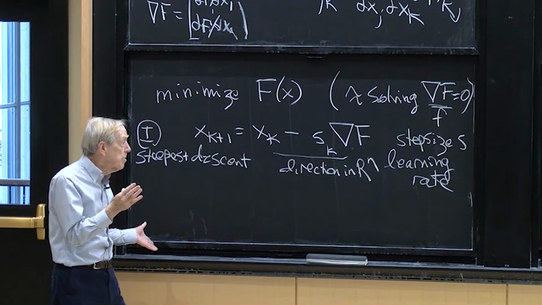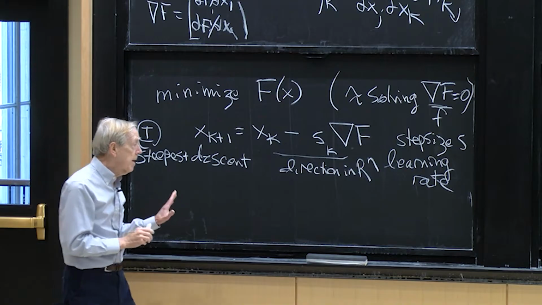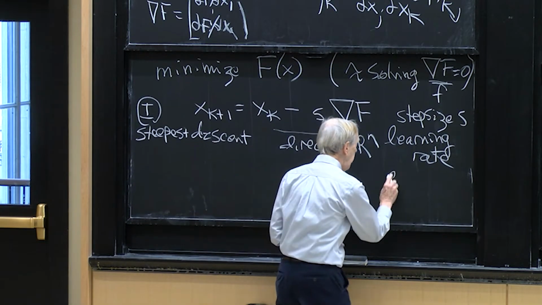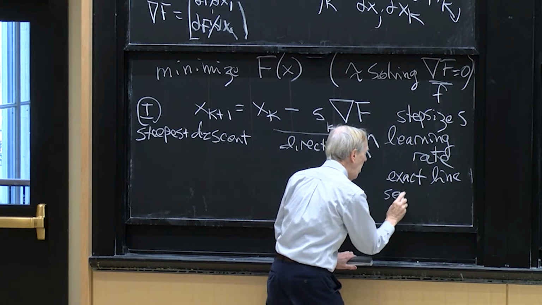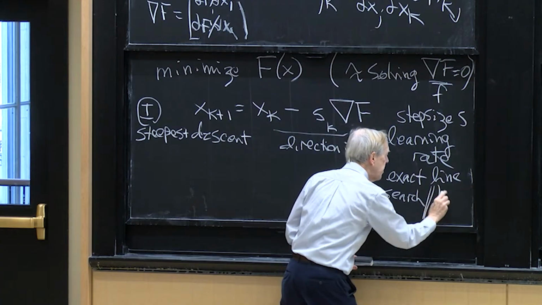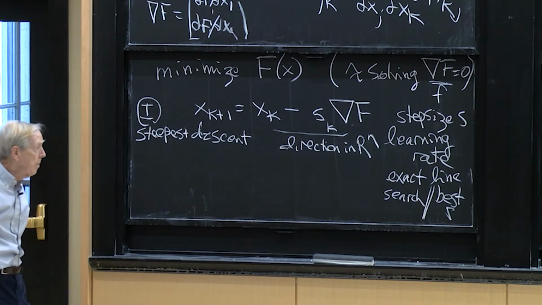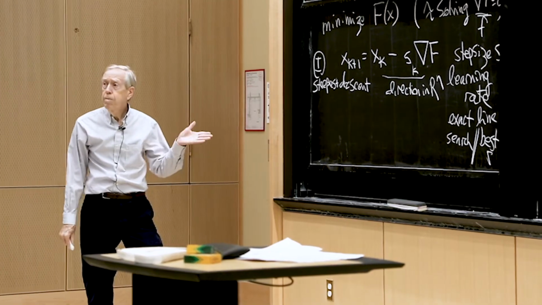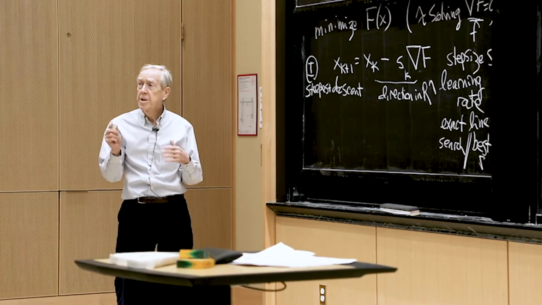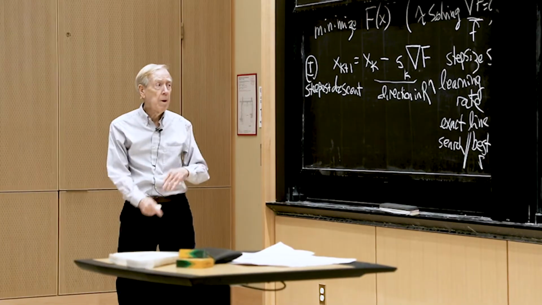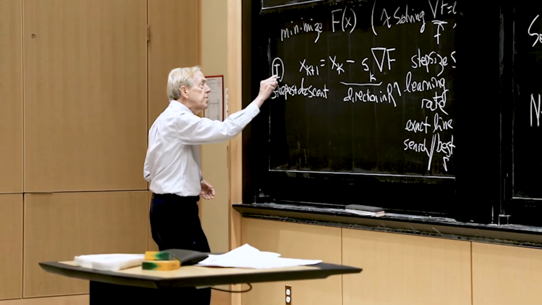So that would be the natural stopping point. I would call that an exact line search. The exact line search is the best s. Of course, that would take time to compute. And in deep learning, that's time you can't afford, so you fix the learning rate s. Maybe you choose 0.01 to be pretty safe. Okay, so that's method 1, steepest descent.